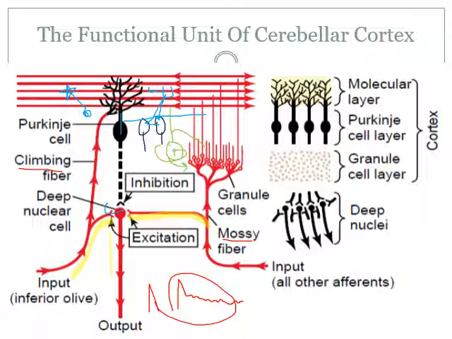Both the climbing fiber and the mossy fibers cause excitation of the deep nuclear cell, and then the mossy fibers end up on granule cell, and the granule cell further goes up into the molecular layer. So this is the basic functional unit of cerebellum, and we did the turn on and turn off mechanism.